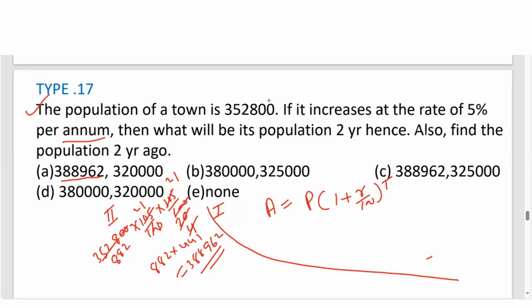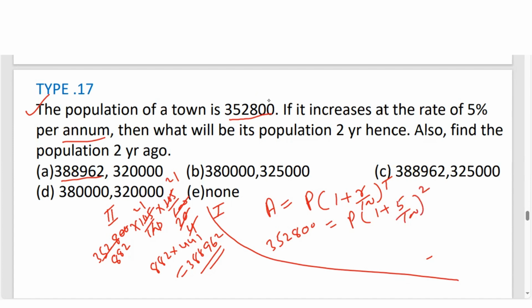That means 2 years ago is this value, and after 2 years it becomes this. So the amount, the increased value, we have to write here: 352800. This is the increased value, and this equals P into 1 plus 5 by 100, to the power 2.